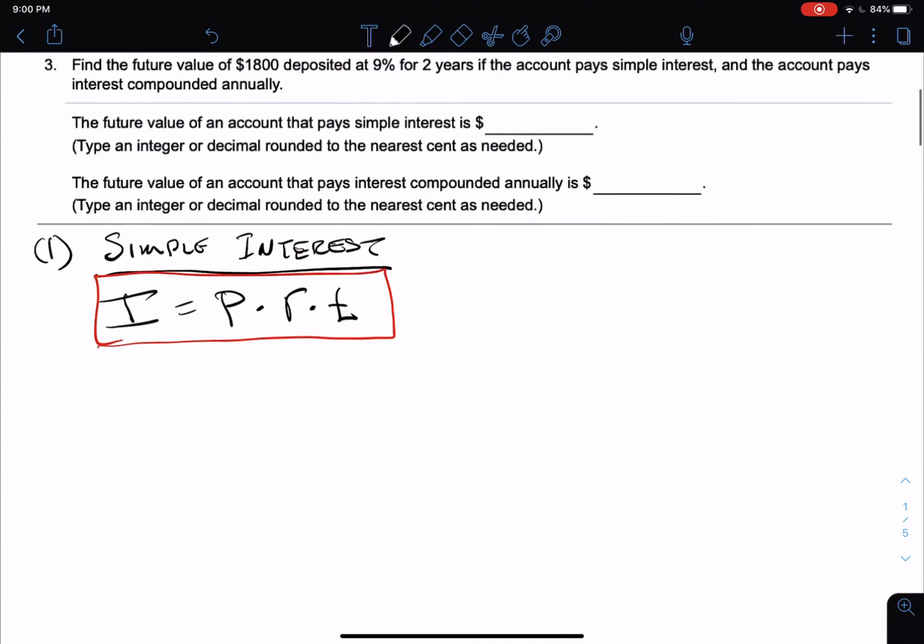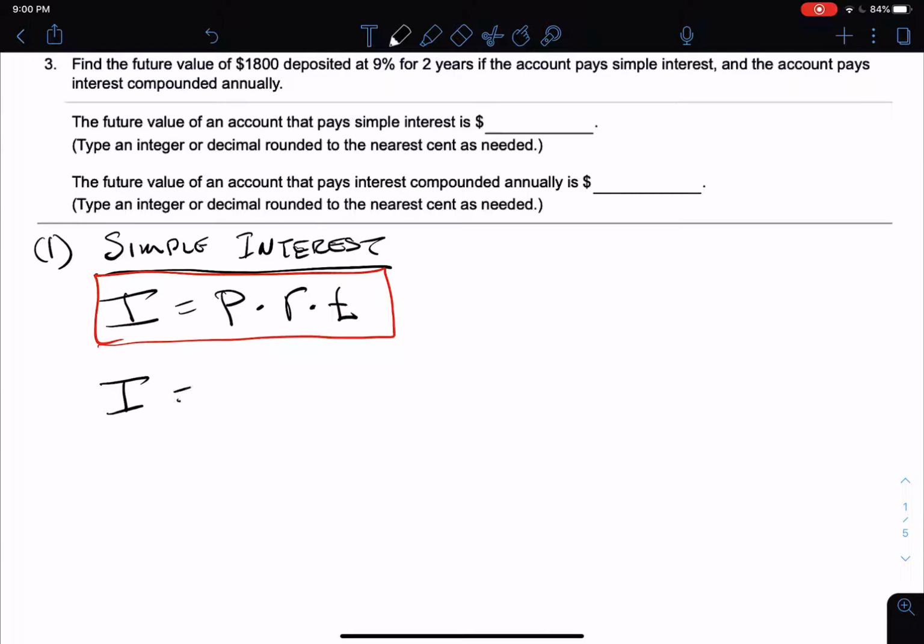And our problem was that the interest equals a starting value of $5,550. That's dollars. That gets multiplied by an interest rate of 2%, so 0.02.